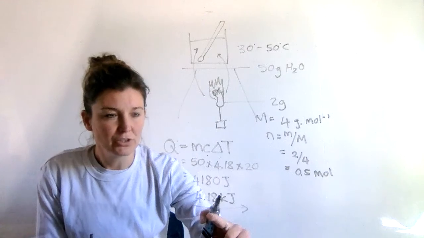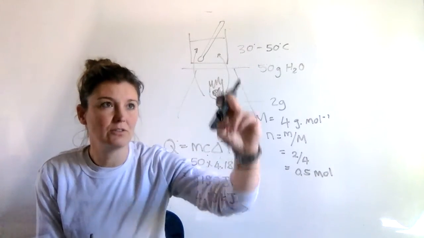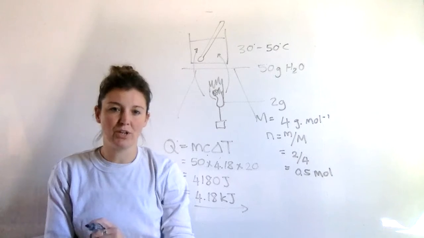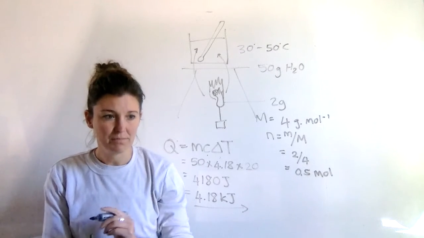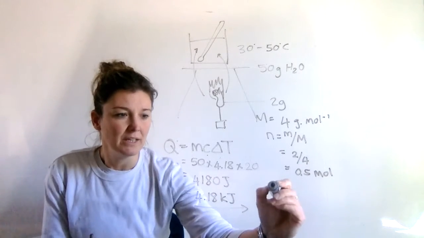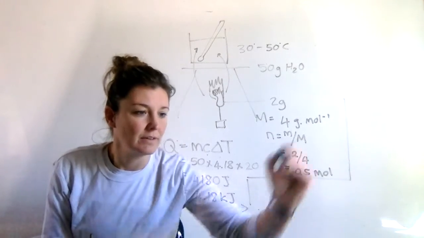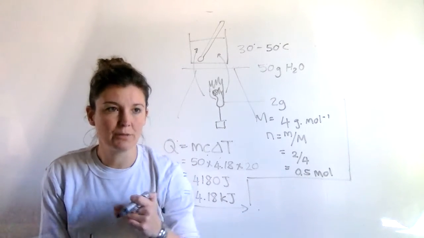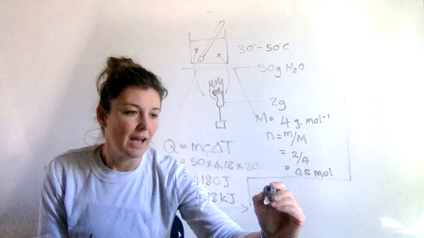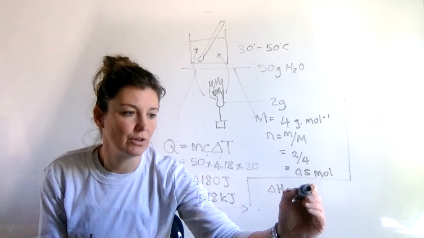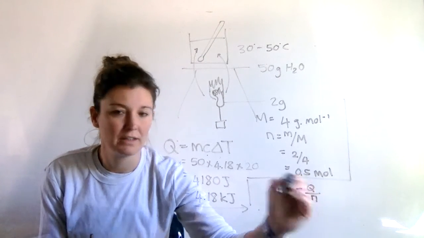We have the amount of kilojoules that's been released or absorbed by the water. And what we're going to do now is find out the energy transfer in this whole system. So the next calculation that we'll be using is delta H equals minus Q over n.